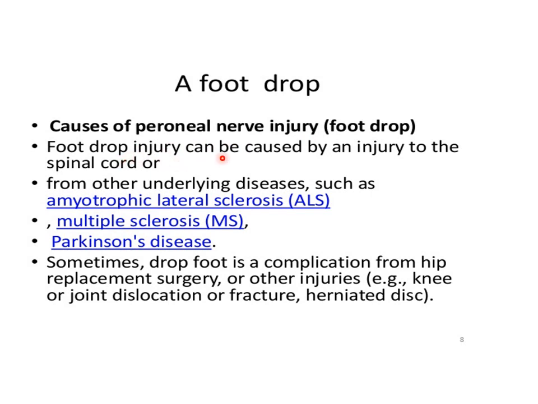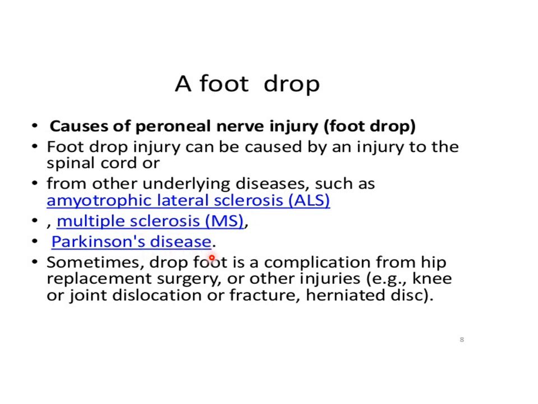So this injury can be caused by injury to the spinal cord or from an underlying disease such as amyotrophic lateral sclerosis. So it is actually a degenerating disease where you see damage to the neurons. Okay, so that is amyotrophic lateral sclerosis. Or multiple sclerosis, it is also a demyelinating disease of the central nervous system.